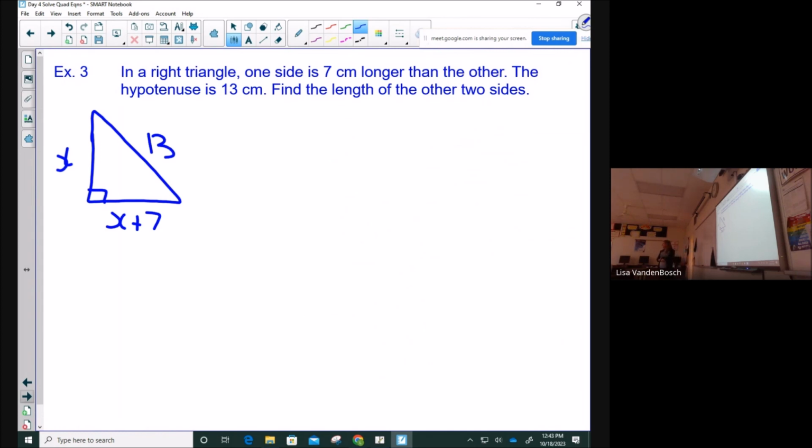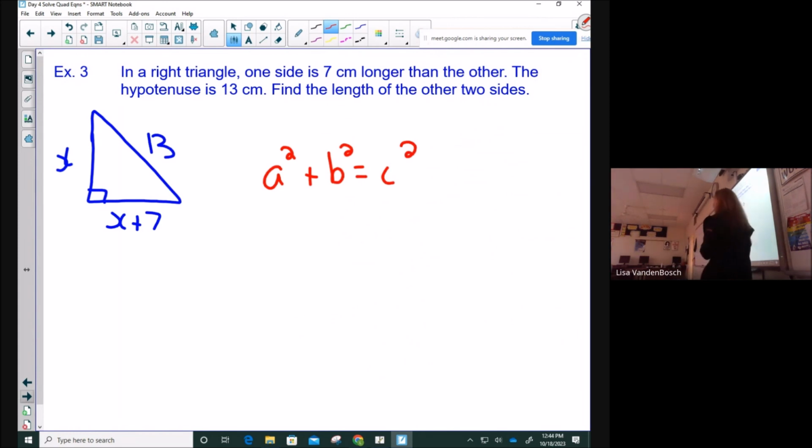Excellent. Now we have to find the length of the sides. We have a right angle triangle and we're talking about the hypotenuse. Let's do Pythagorean theorem. However you choose to set this up.